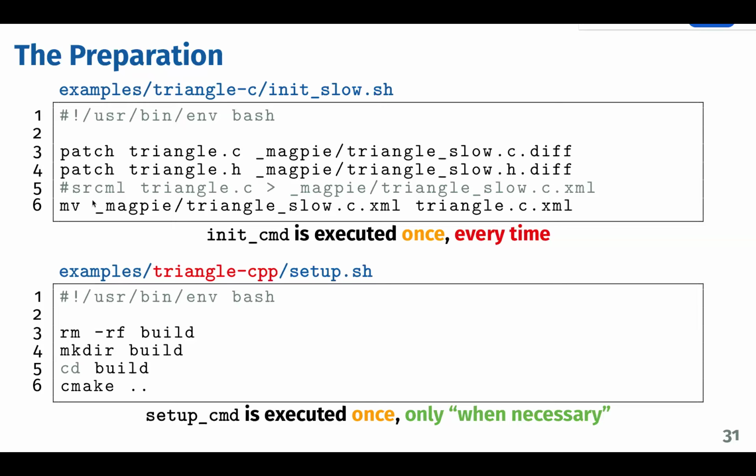Instead, we pre-computed it, so we already have the XML file. So what we could have wanted to do is improve triangle.c through the XML. So before running Magpie, we would automatically run sourceML. Instead, because I don't expect you to have sourceML installed, we already pre-computed for you triangle slow.c.xml. It will just put that at the right place.